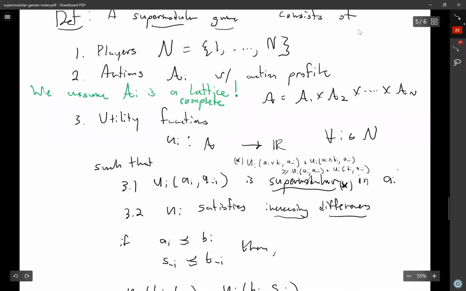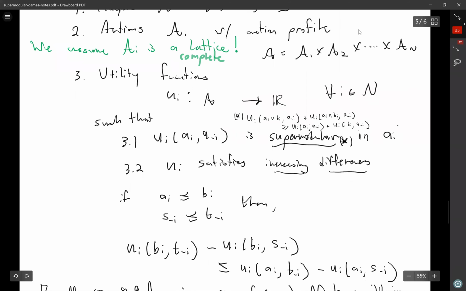And here, what makes this different than any old game is that these A_i, the sets of possible actions that agent i can take, are a complete lattice. And in turn, this means that if we take the Cartesian product of all these possible strategies for every agent, this Cartesian product is also a complete lattice. And this, called A without any subscript, is called the action profile.